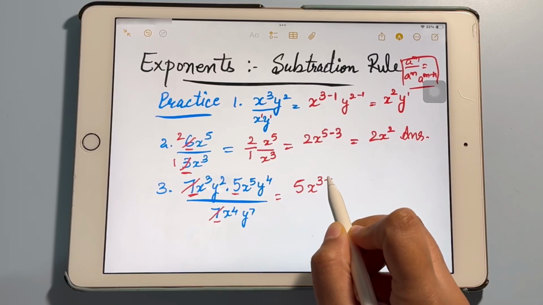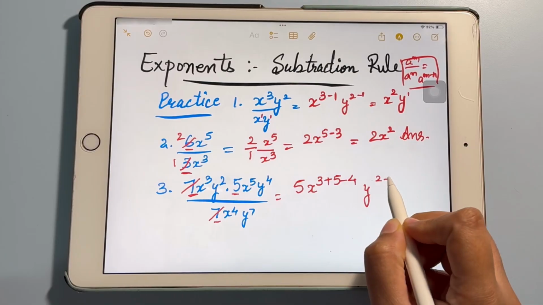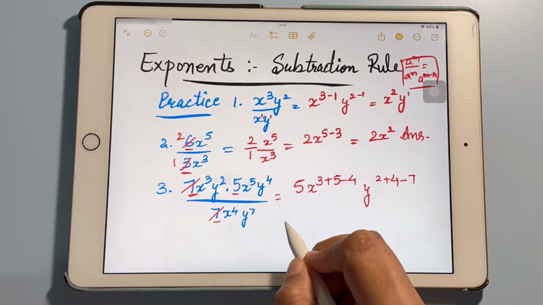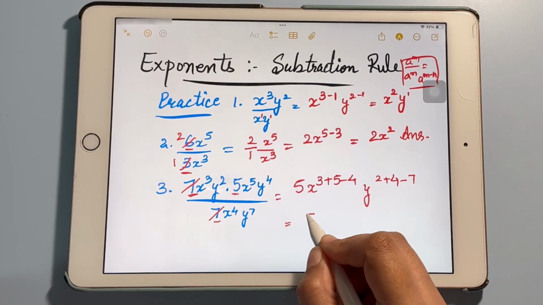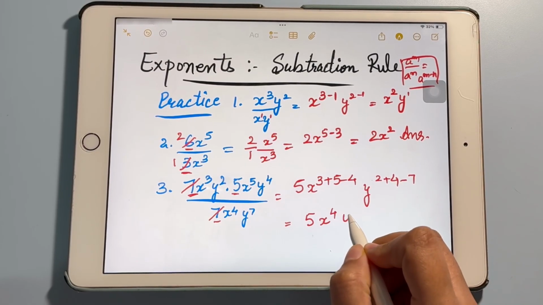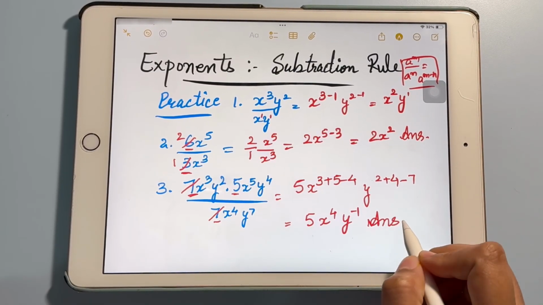So 3 plus 5 minus 4, and y raised to power 2 plus 4 minus 7. So what we get is 5 raised to power 4 y raised to power minus 1. This is our required answer.